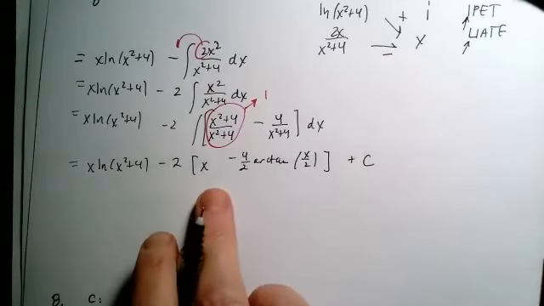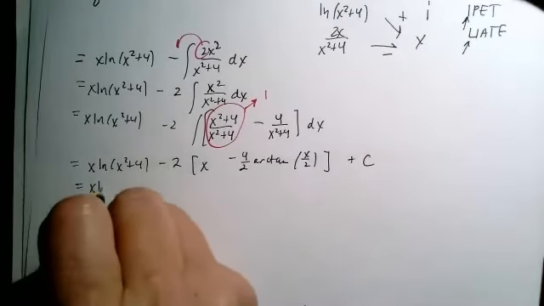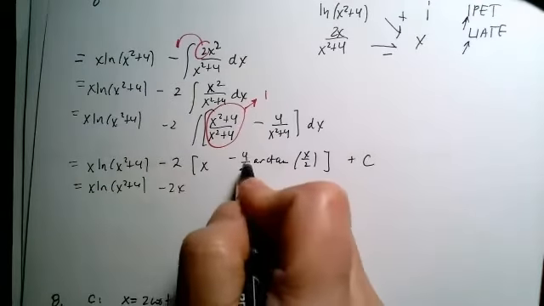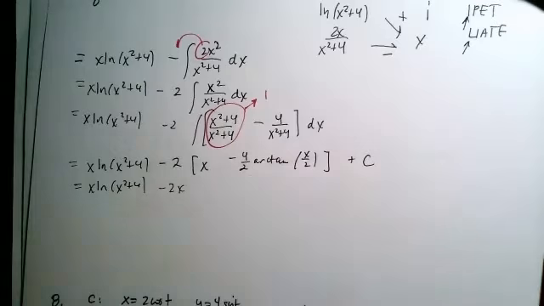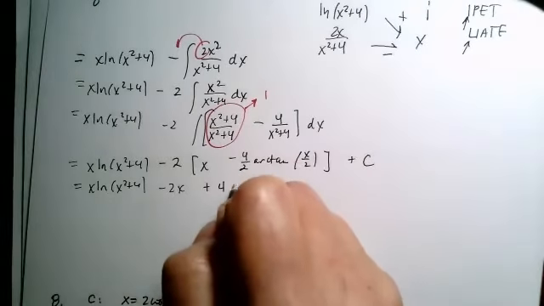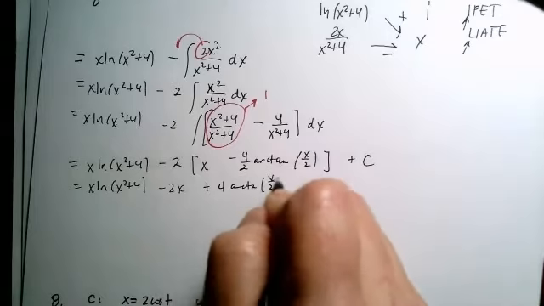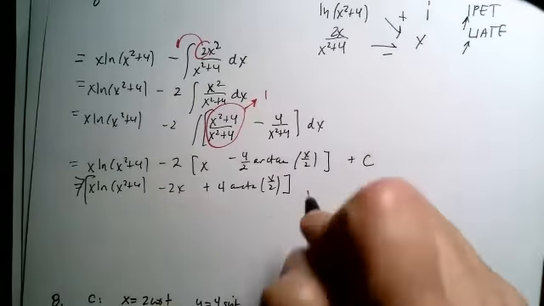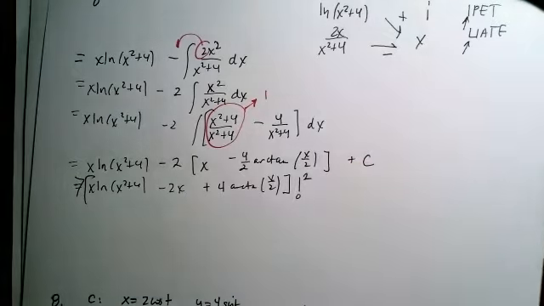Let me clean that up a little bit. I'm going to distribute the 2, so I'll have minus 2x, and that's going to be positive 8 over 2. Now we can apply our limits of integration, which are 0 to 2.